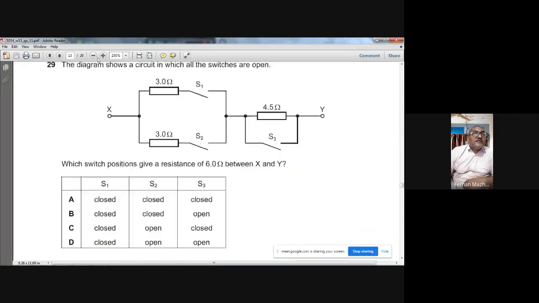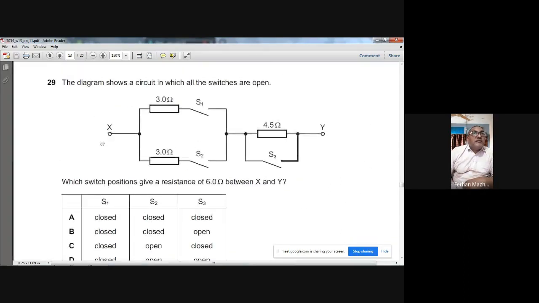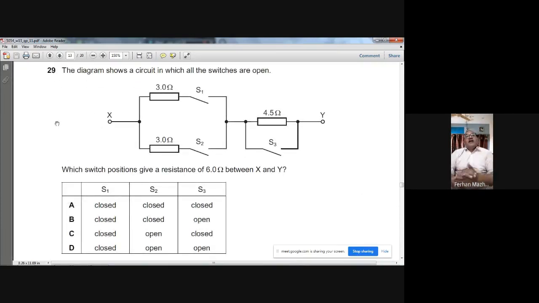Okay, the next question. The diagram shows a circuit in which the switches are open. Which switch position gives a resistance of 6? If I close this and close this, these two 3 ohm resistors will be parallel to each other. When two resistors of 3 ohm are parallel, their combined resistance is 1.5. 1 by R equals 1 by R1 plus 1 by R2.